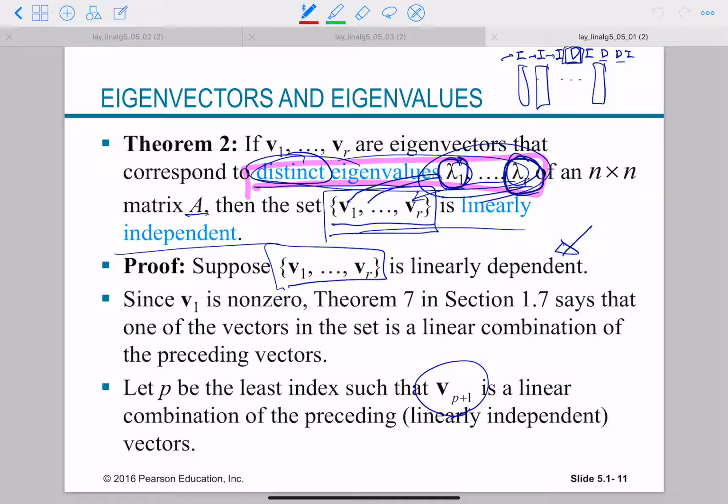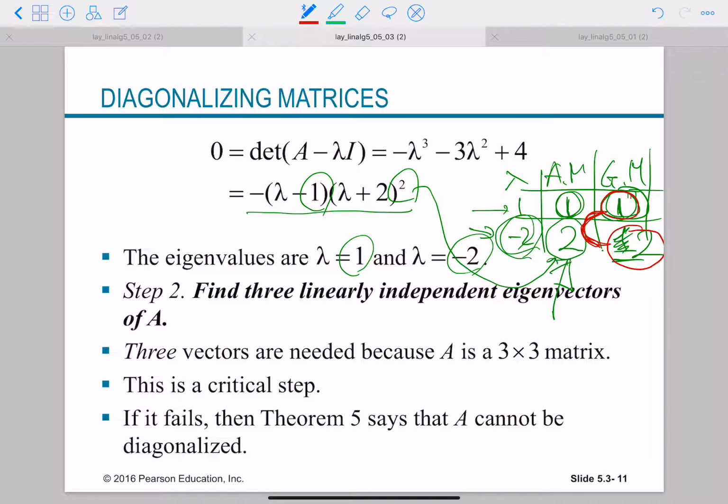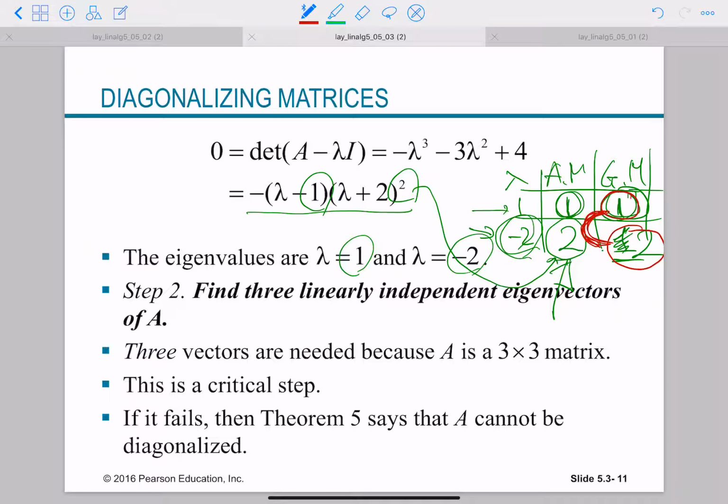This theorem 2: eigenvalues are different and their corresponding eigenspaces will have no overlap, so any eigenvectors coming from different eigenvalues will always be linearly independent, right? So between these two different eigenspaces, the eigenvectors will always be linearly independent.